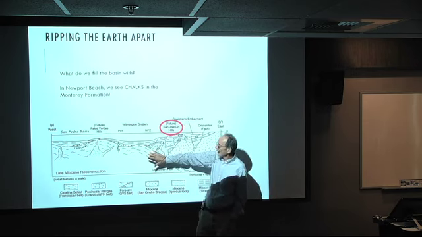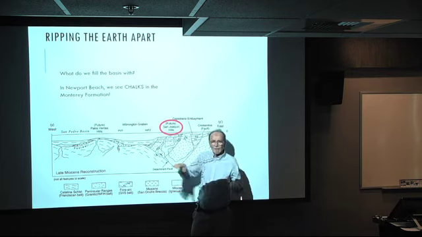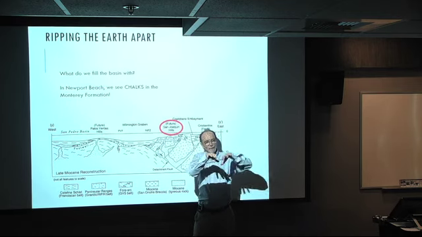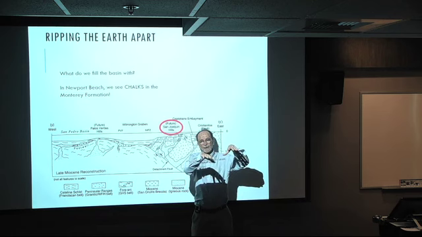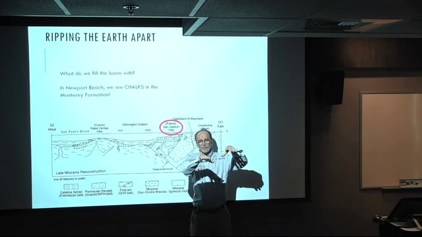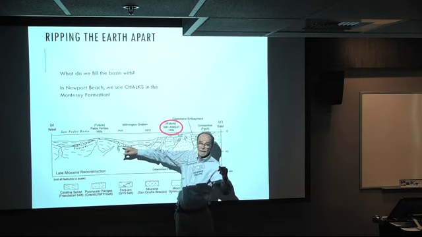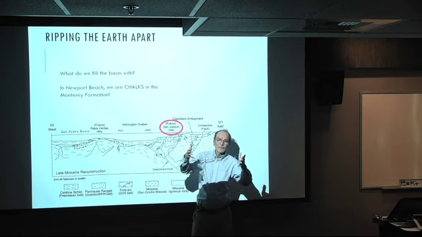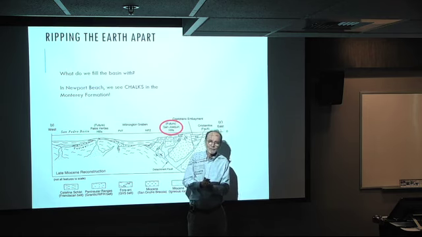Essentially, you're just not at the position. The extension and uplift is happening here, and the LA Basin's a little bit off to the side. So the reason is the LA Basin doesn't have the same sort of features as you'd see in Palos Verdes. It's just away from the center of that type of motion.